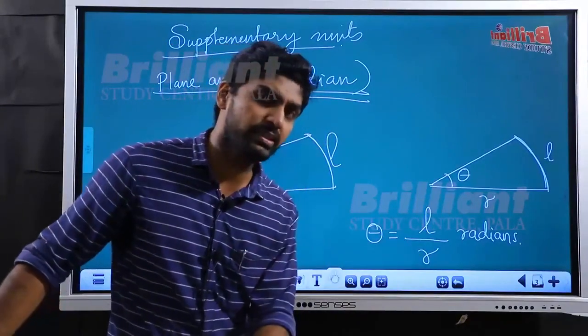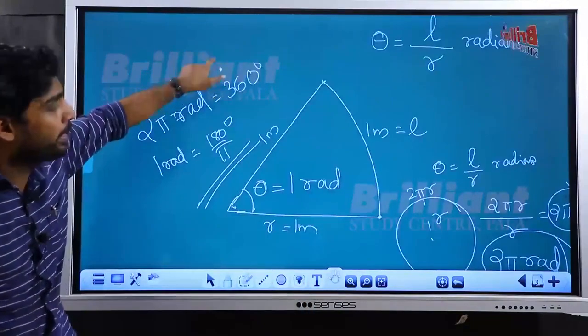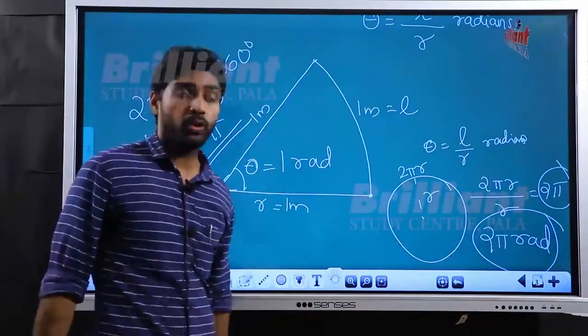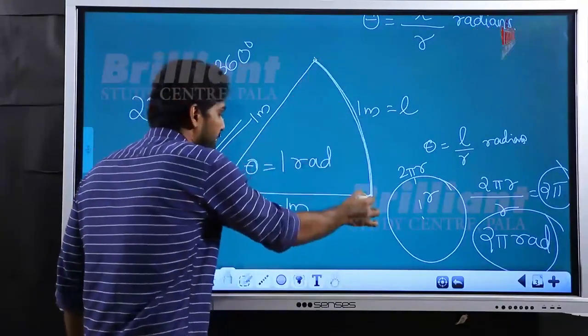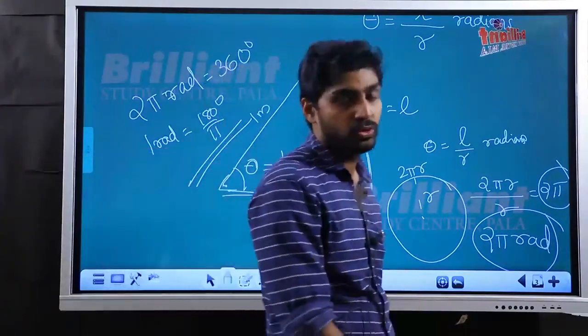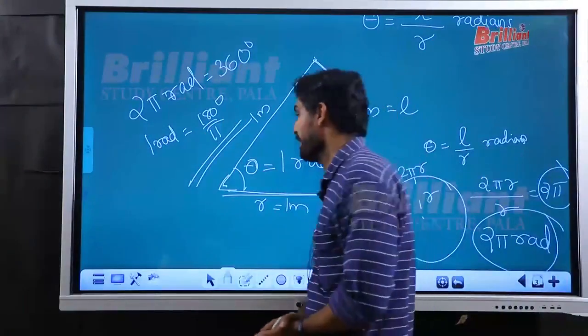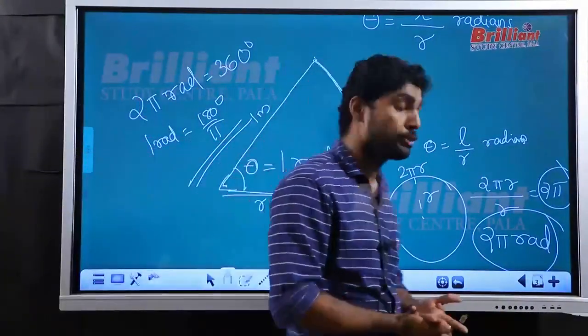And when is the angle 1 radian? Angle is 1 radian when we have an arc whose arc length is equal to the radius. And the angle corresponding to a full circle is 2 pi radians.